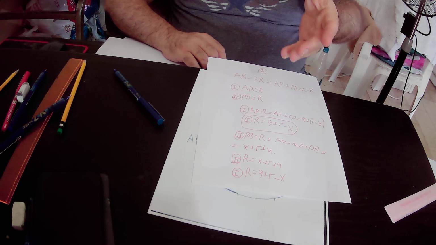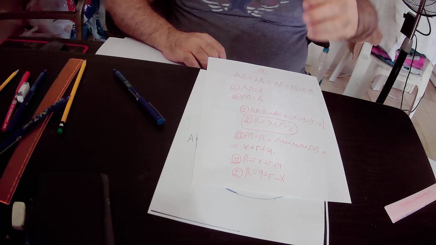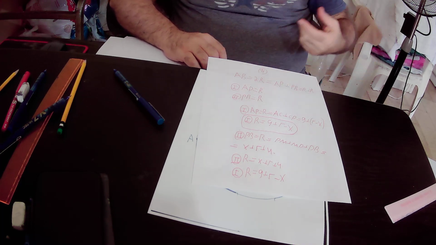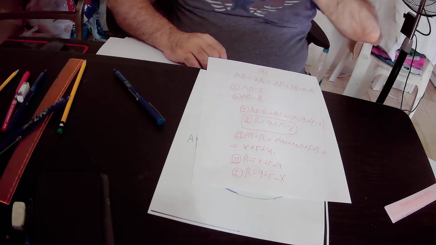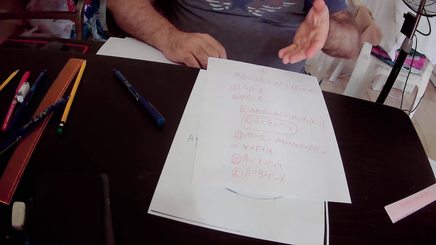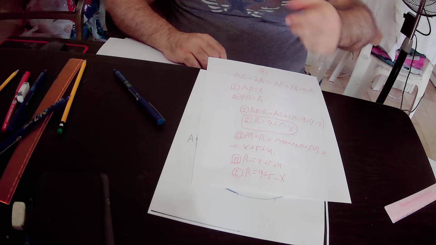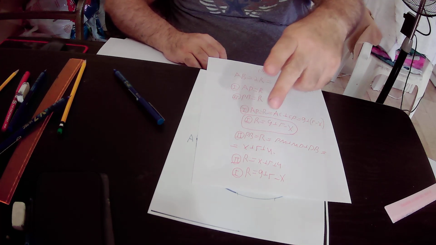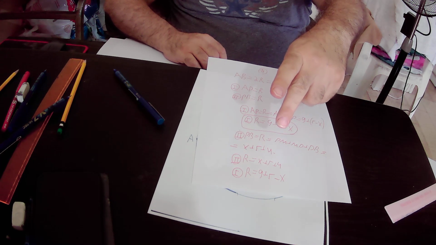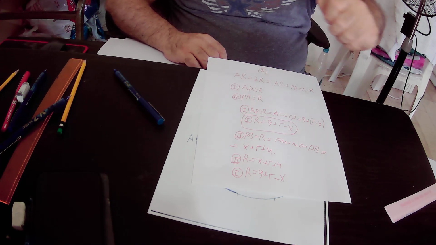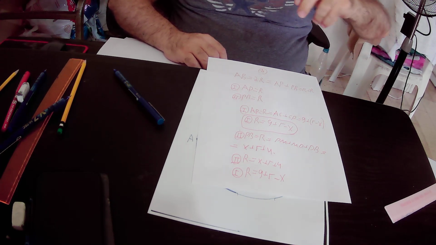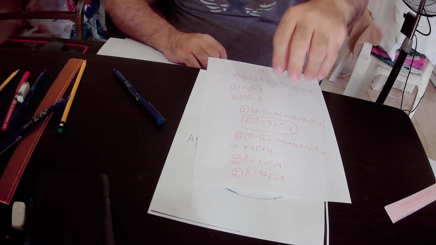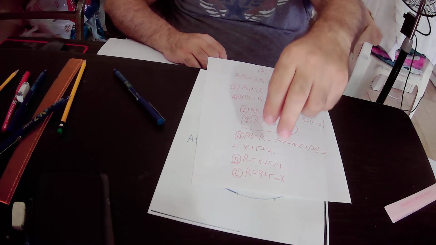So here we have two expressions of the same radius. So of course they are equal to each other. So we will compare equation number 1 to equation number 2, and in this way we will create equation number 3. So equation number 3 will state that capital R equals capital R.